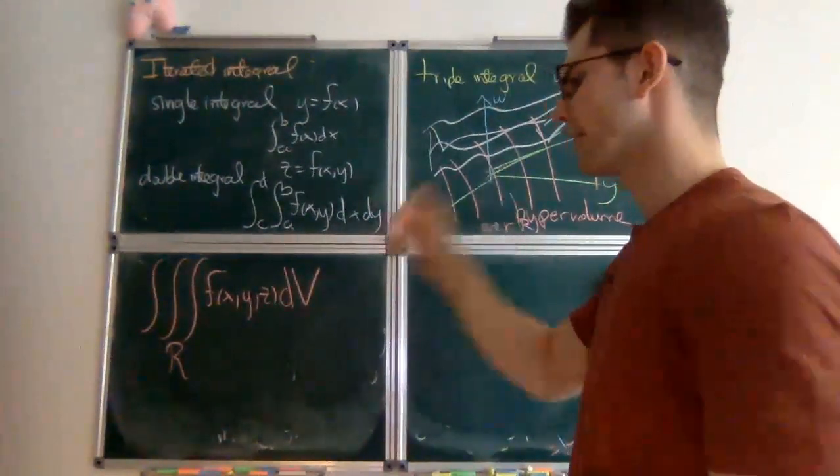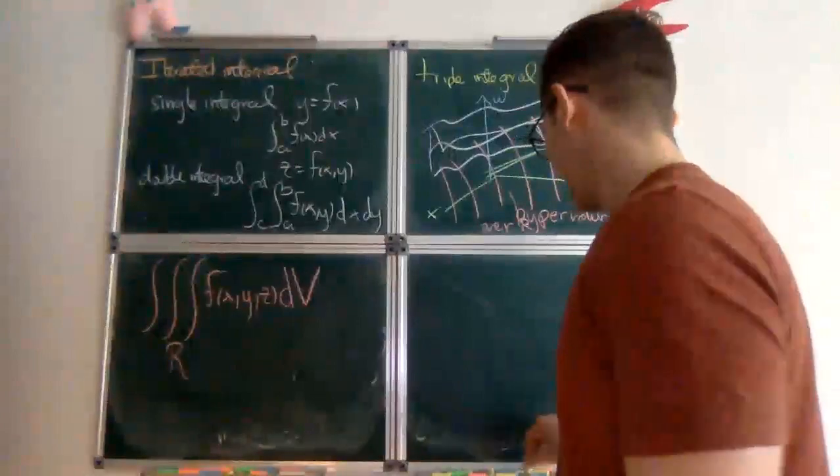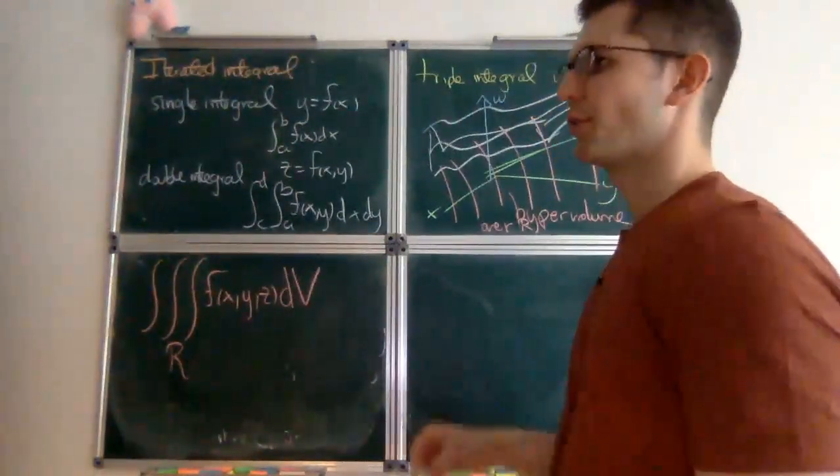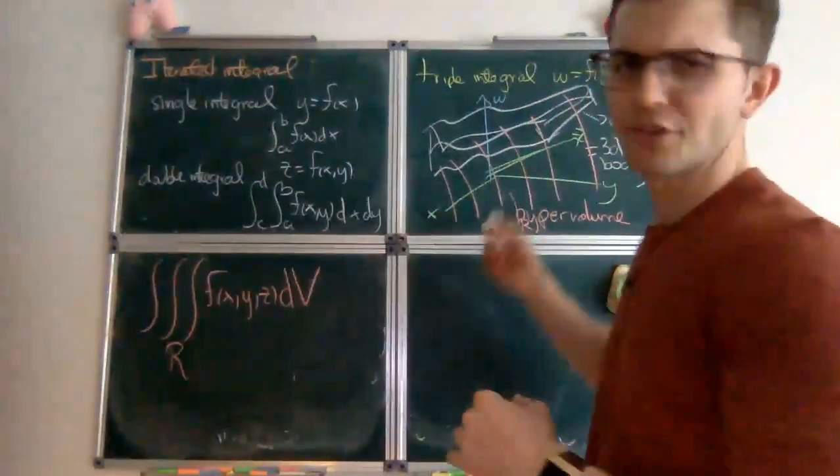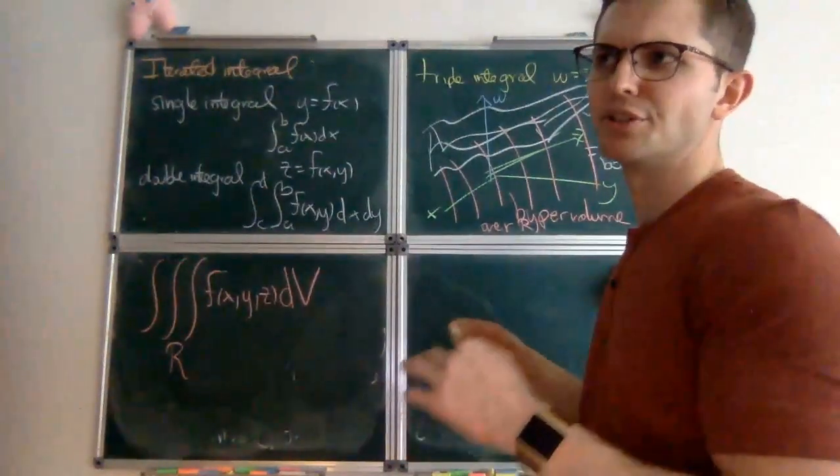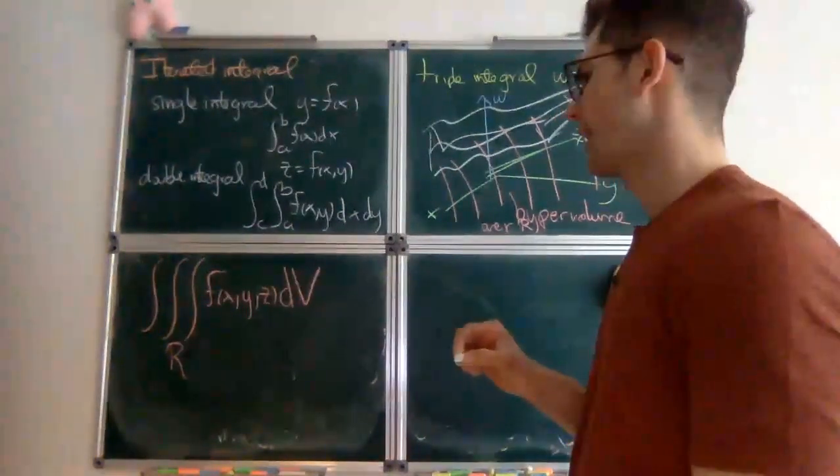And you add them all together, and that's how you get the value of this triple integral. In practice, since we cannot really visualize this, this is not the most useful interpretation of a triple integral.